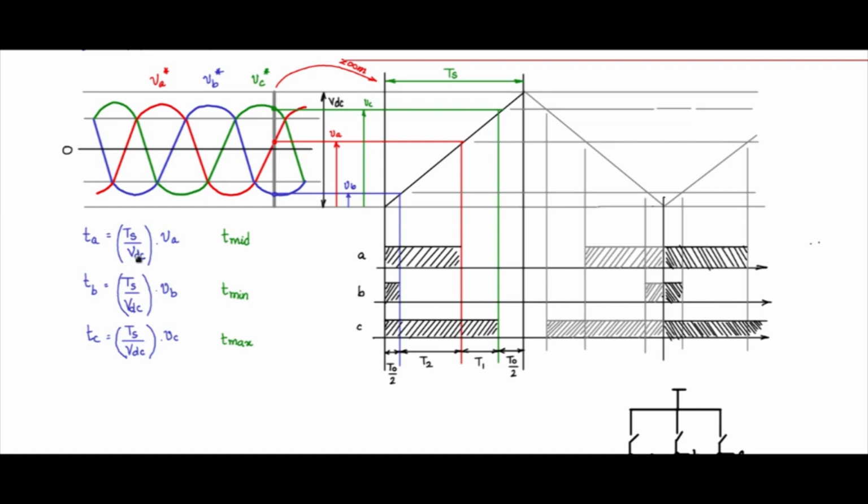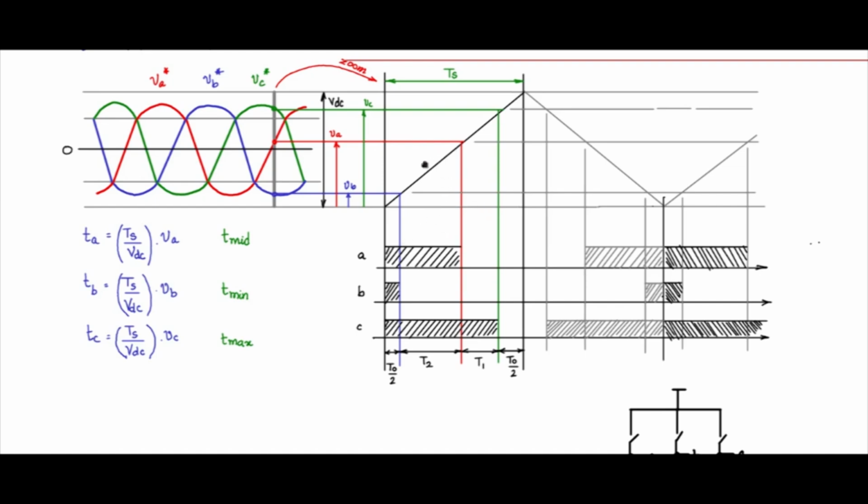TS is positive, VDC is positive. VA can be positive under some conditions, can be negative under some conditions. So you may get values of TA which are both positive and negative, and in the time domain having a negative time value doesn't make much sense. So we need to make a shift, and we know the reason in the sense that we have taken the center point as the 0. This is the 0, we are saying this is minus time, this is plus time.